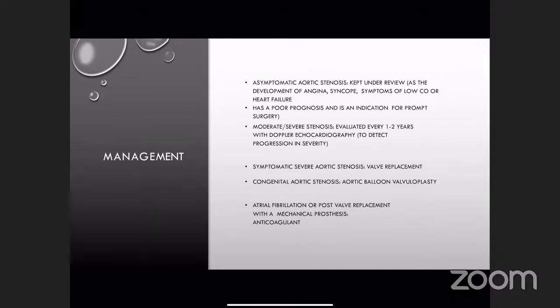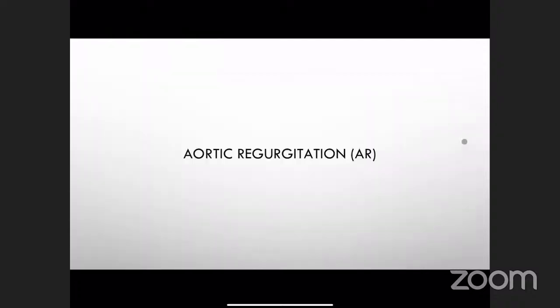In symptomatic severe aortic stenosis, valve replacement is recommended. In congenital aortic stenosis, aortic balloon valvuloplasty is the best choice. If the patient develops atrial fibrillation or has a mechanical prosthesis after valve replacement, he needs to be anticoagulated with warfarin or another anticoagulant.